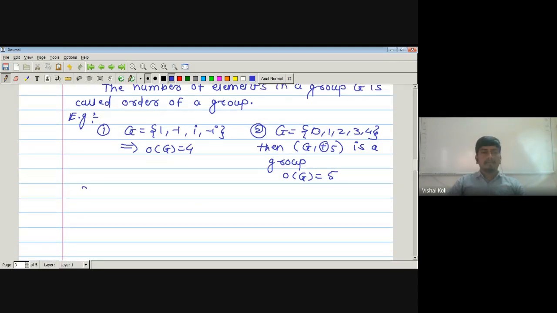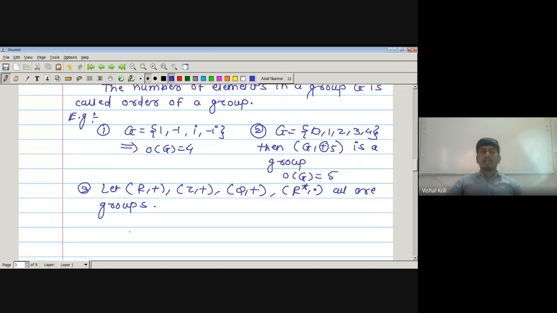Now again there is one example. Let R plus, Z plus, Q plus, R dot all be groups. These algebraic structures are all groups, and we have to find out their order. The set of real numbers is a group, but the number of elements in the real numbers is infinite, so its order is infinity.